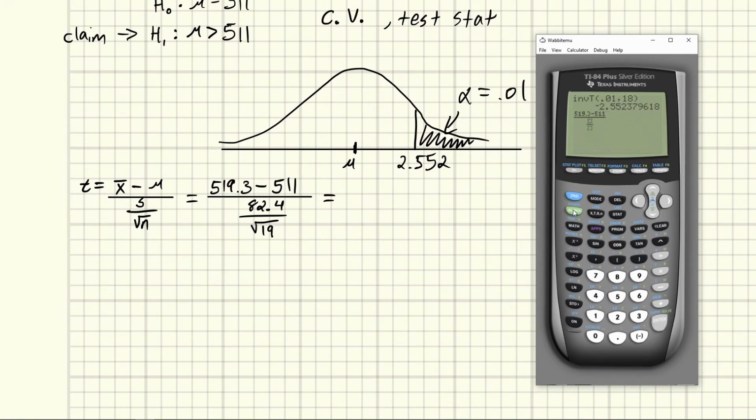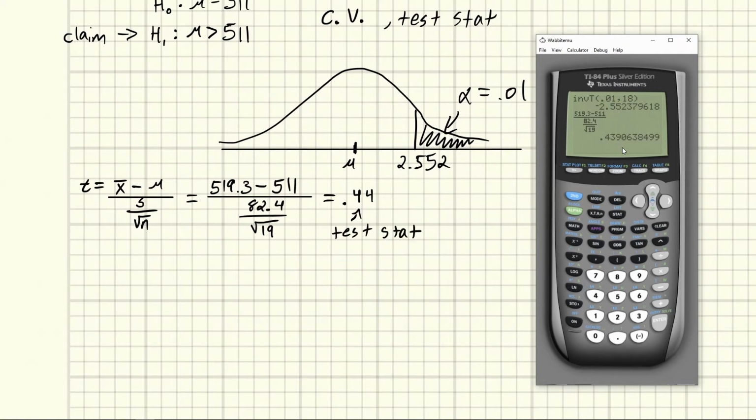So we just go ahead, hit green key, and then the F1 key. And then we do 82.4 divided by, we need square root. That's here in blue. So we hit the blue key, square root. And then this is just 19. We hit enter, and we get 0.4, and we're going to round to 2 spots. So 0.44. Some teachers have you go to 3, some have you go to 5, just depends. So this is our test stat.